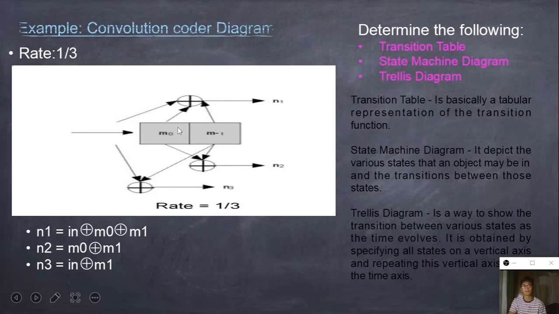By the way, this symbol represents an XOR gate, or exclusive OR gate, whose output is 1 if the total number of inputs that are 1 is odd. If input A is 0 and input B is 0, the output is 0.